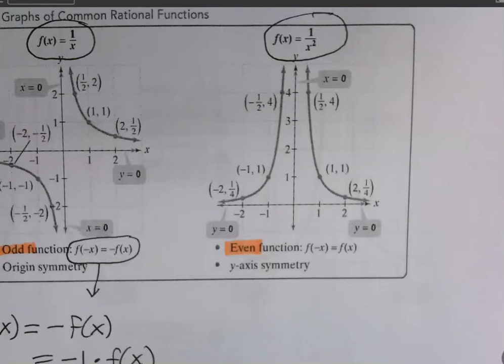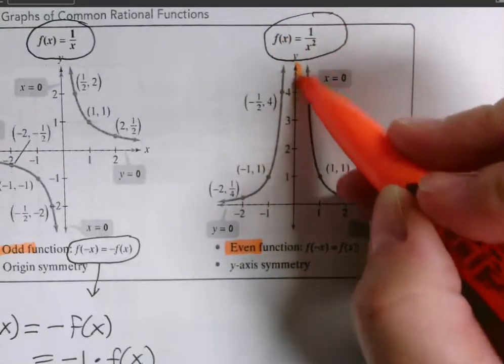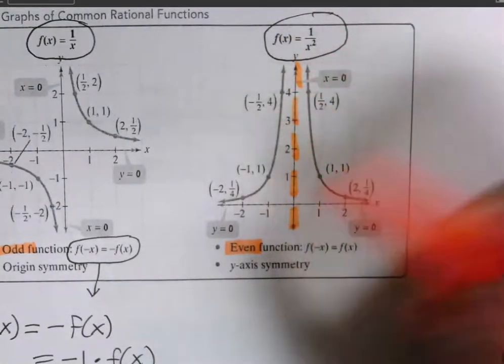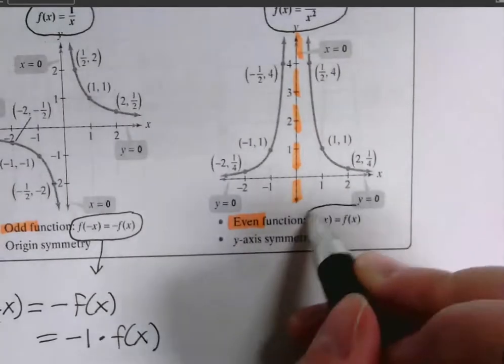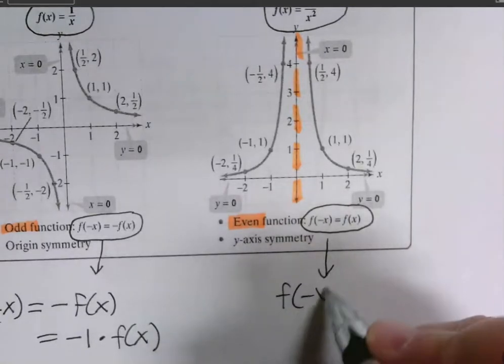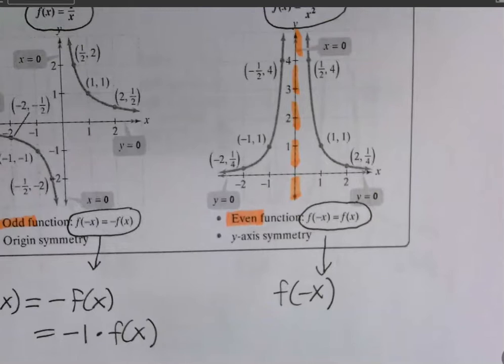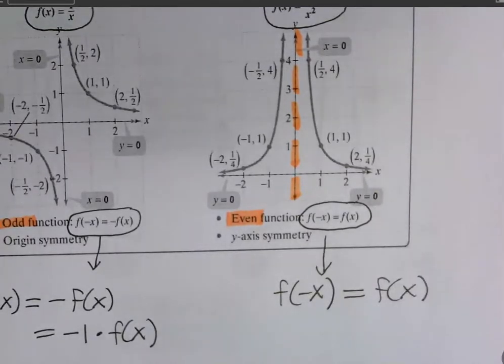So they're just regular line symmetry, and the line of reflection is the y-axis. The way to tell algebraically, looking at the equation, if you have an even function, is when you plug in negative x in place of all the x's, you get the exact same thing once you've simplified as you started with. It looks exactly like the original.